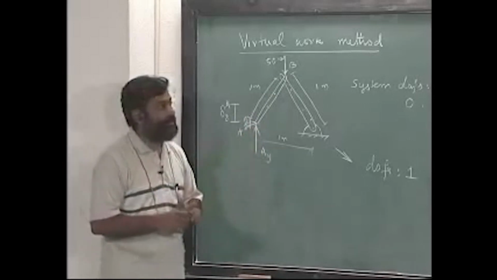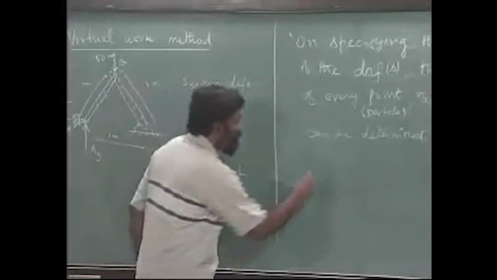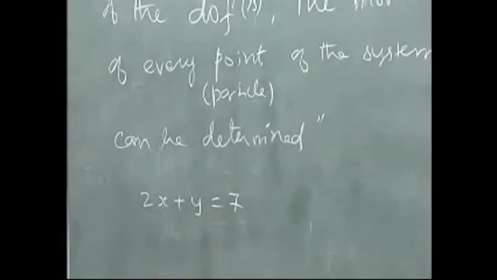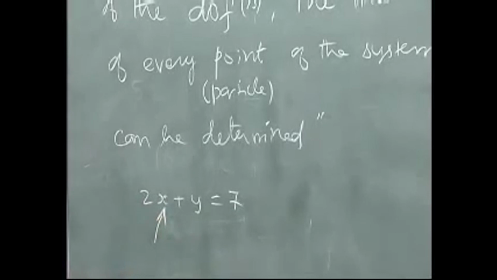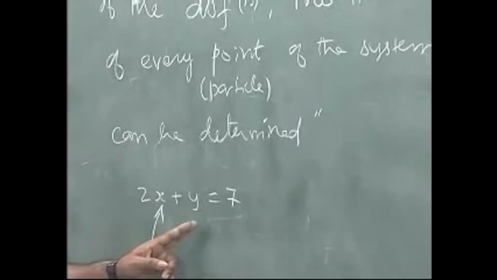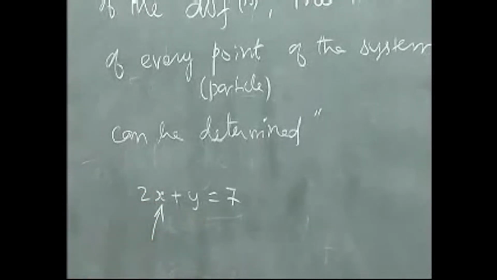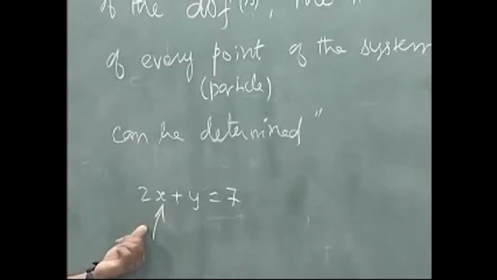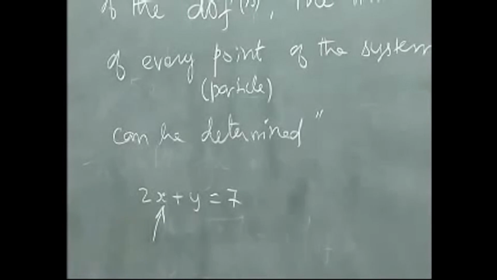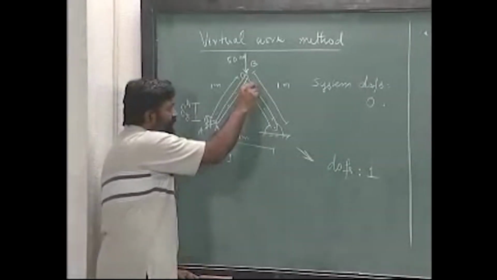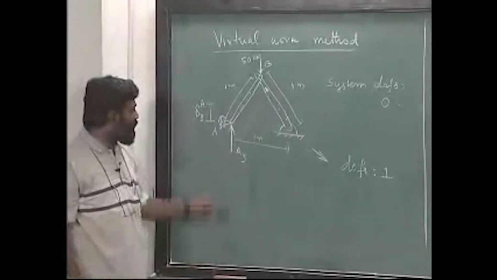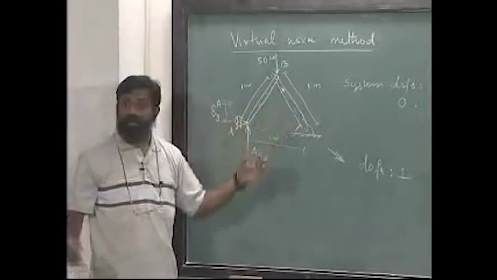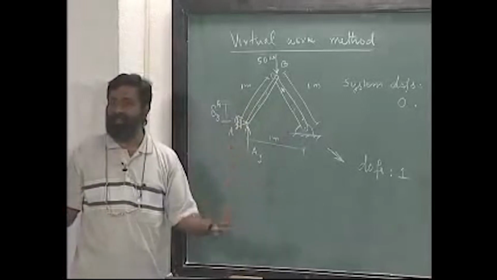Let me ask you this question. I have written 2x plus y is equal to 7. Let us say this is the degree of freedom. If I specify x, can I find out y? Supposing I give you y, is it possible to find out x? Or in other words, if I give you the displacement of any other point, I should be able to determine this, which means every other point also is a candidate for degree of freedom.